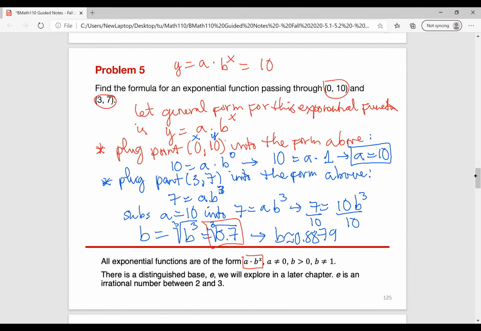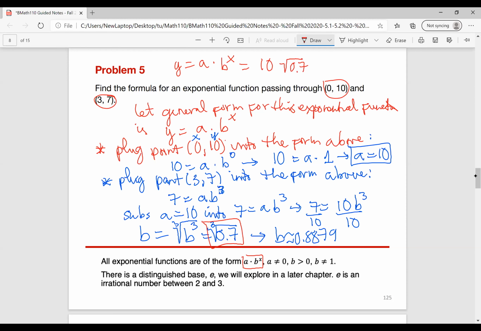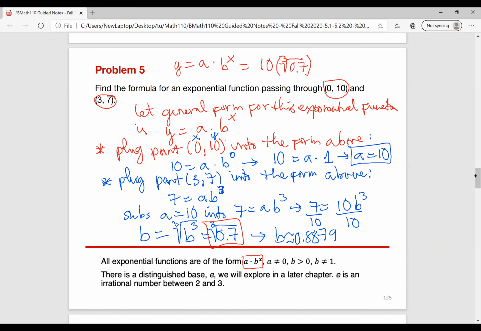Did I miss anything? No, okay. Just want to make sure. So a now is 10, b is the cube root of 0.7, and then everything to the power x.